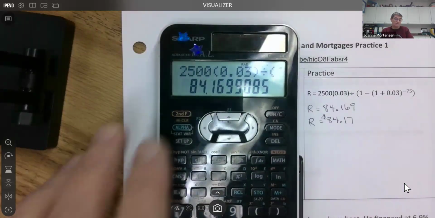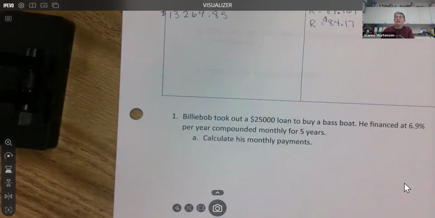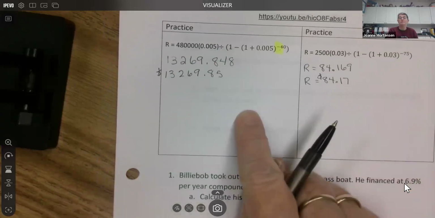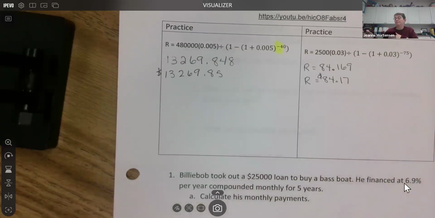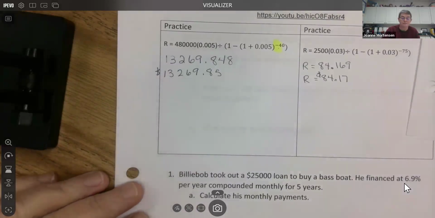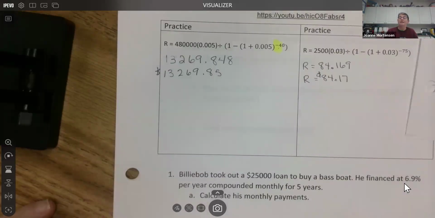Okay. The next question, here we go, actually talks about calculating what his monthly payments are. This up here, can you do the math once you set it up? That's what we're at. Hold on. Okay. Sorry, I just had to grab my page that has my keying sequence. Make sure I get it right.